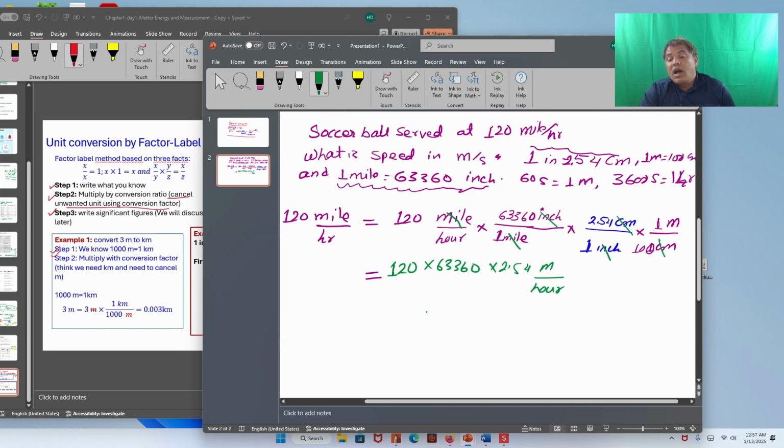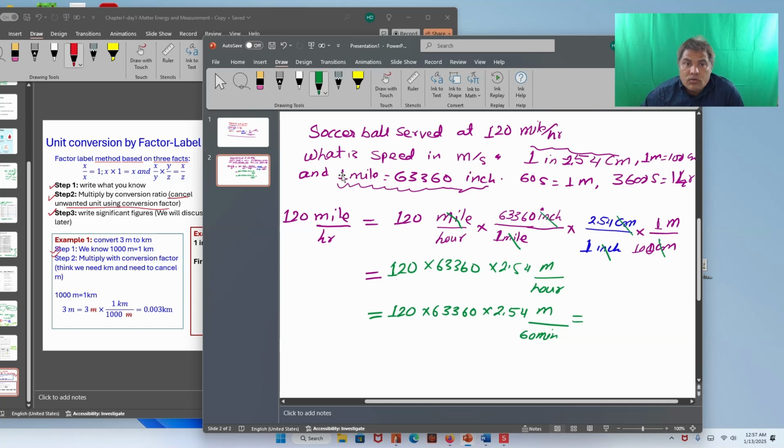Now let's convert that hour into second. 120 times 63360 times 2.54 meter divided by hour to second, meaning 60 minutes, but convert that minute also into second.